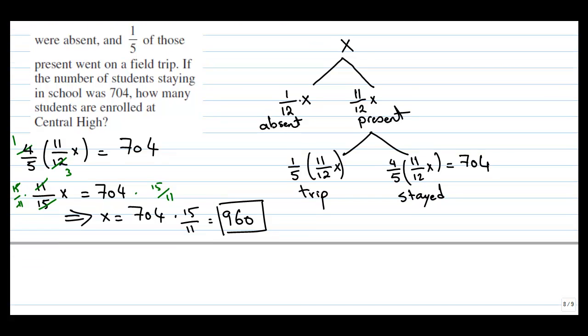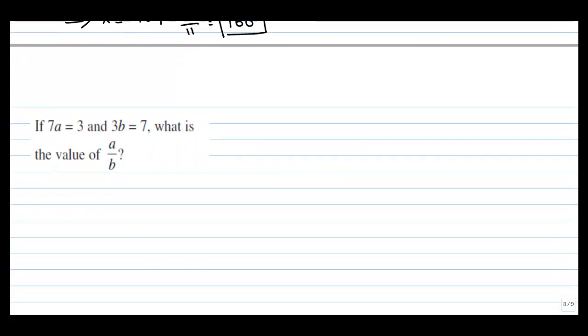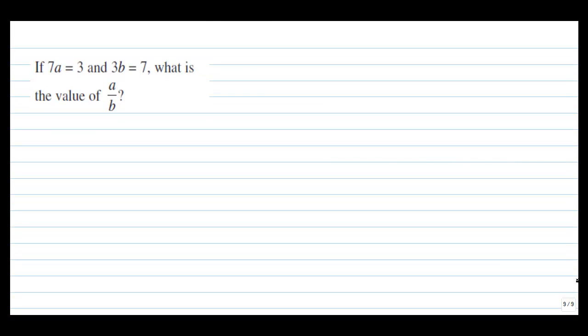Now, let's move on to the next problem. That will be our last one. It's an easy one, this one. It says, if 7a equals 3 and 3b equals 7, what is the value of a over b? So we want to divide a over b. You can see that. So simply, you can say this is 1, this is 2.